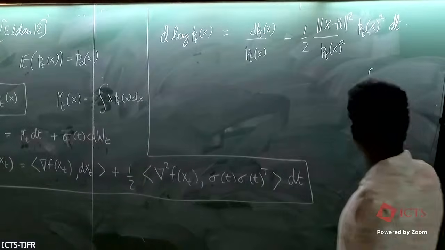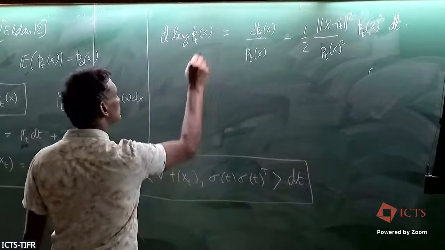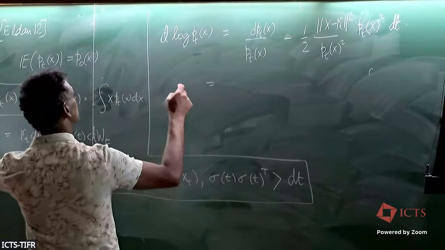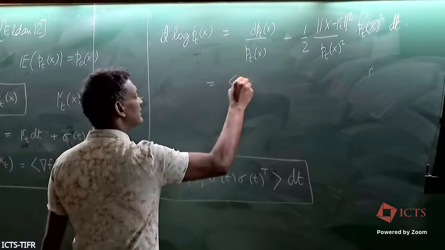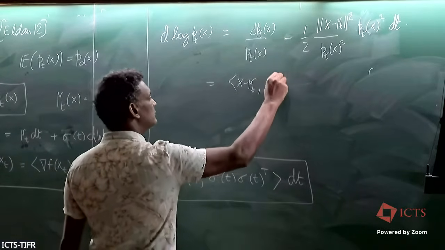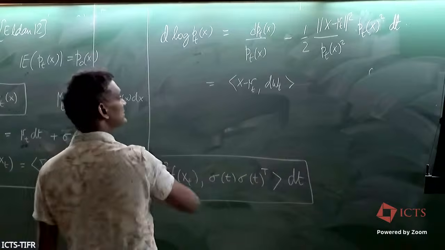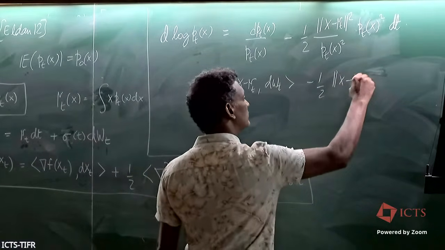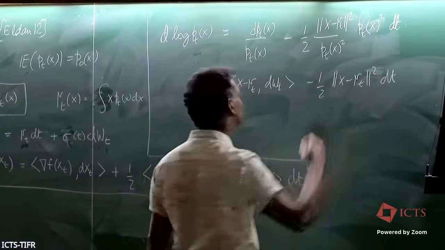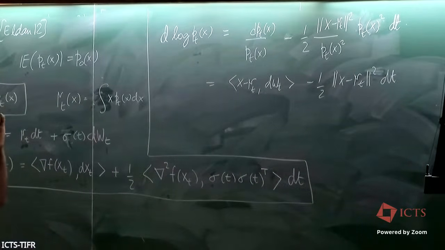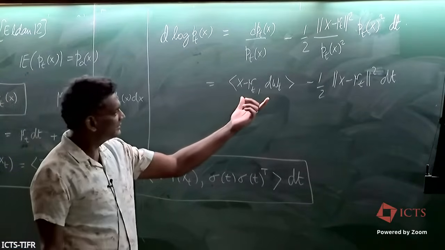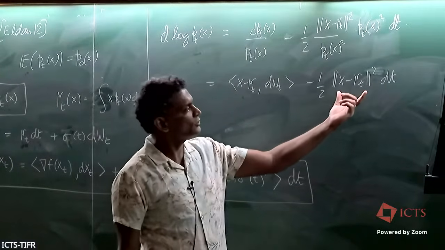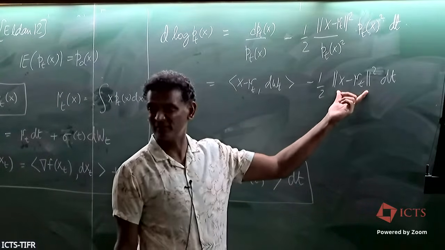So let me put back everything. Substituting for dp_t, we are left with (x minus mu_t) dW_t, the p_t(x) cancels, minus half (x minus mu_t) squared dt. So you see what's happening to the log? It's changing by this random part, and then also by this deterministic quadratic part.